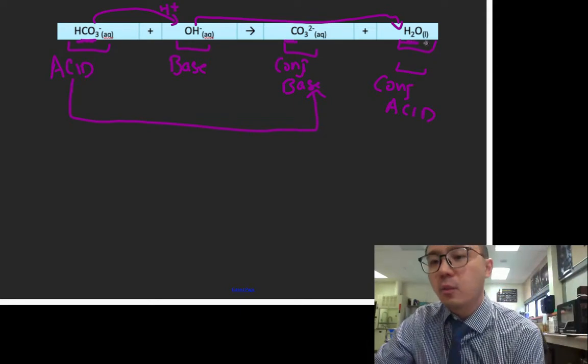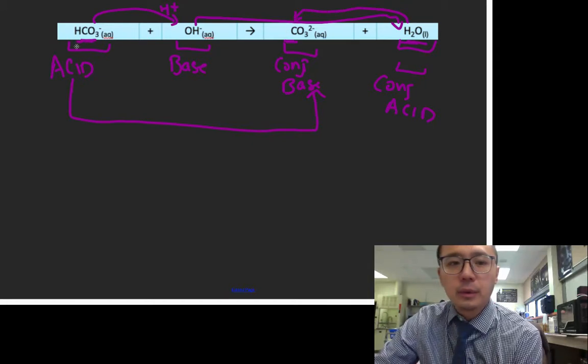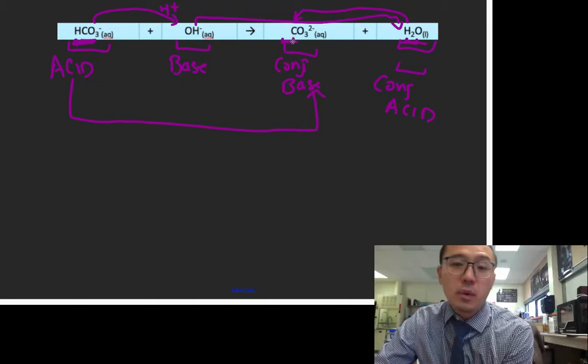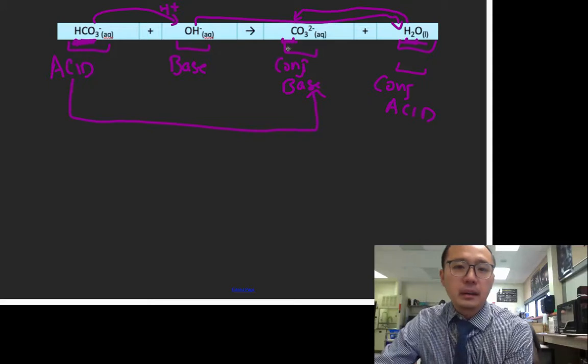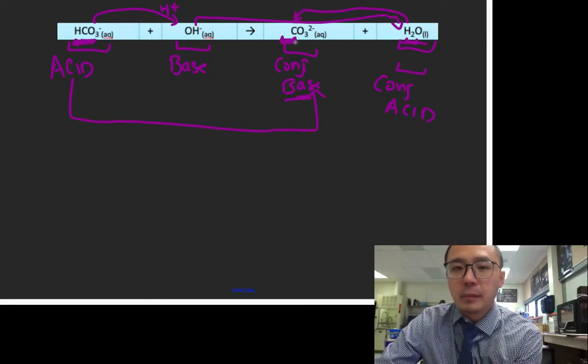Can this water donate an H plus back here to go back to its original state? Yeah, it can, because it has the extra H, and this one has one less proton, so it can accept a proton, and that becomes your conjugate base, because it will become your proton acceptor in your product side.